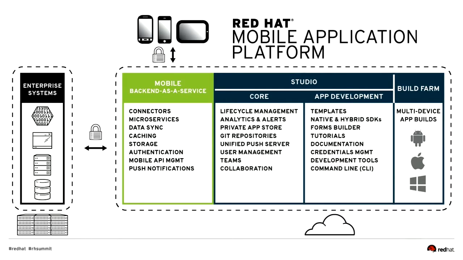We announced just a few weeks ago version 4 of our platform. Version 4 brings the mobile backend as a service outside the core. So what you have here on the blue, it's hosted on the cloud. The MBaaS now, we built a Red Hat stack product on top of RHEL, Red Hat Enterprise Linux, Docker, Kubernetes, and OpenShift Container Platform.